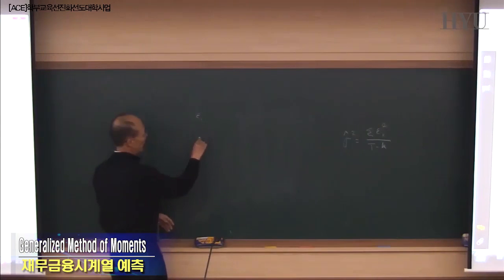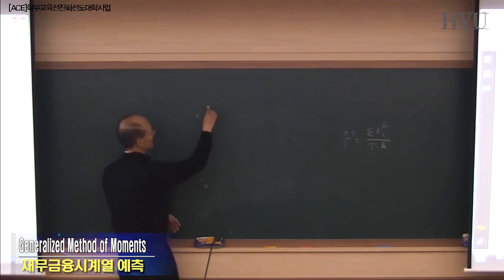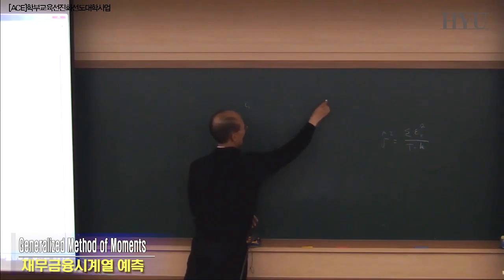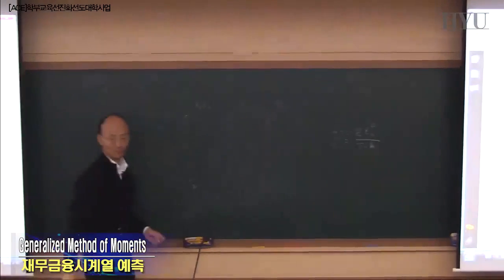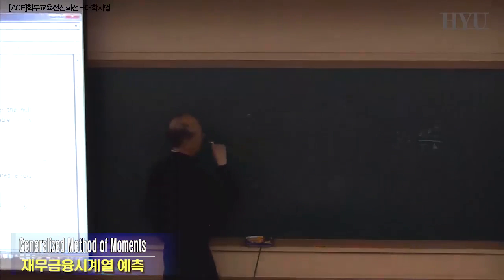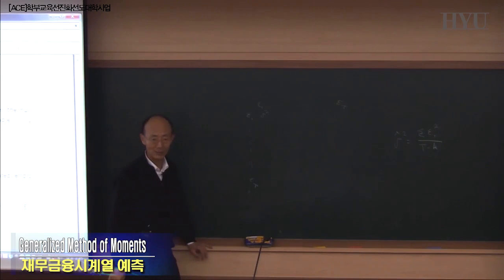It is epsilon 1 through epsilon capital T. If you multiply these two, then there could be sigma squared, right?